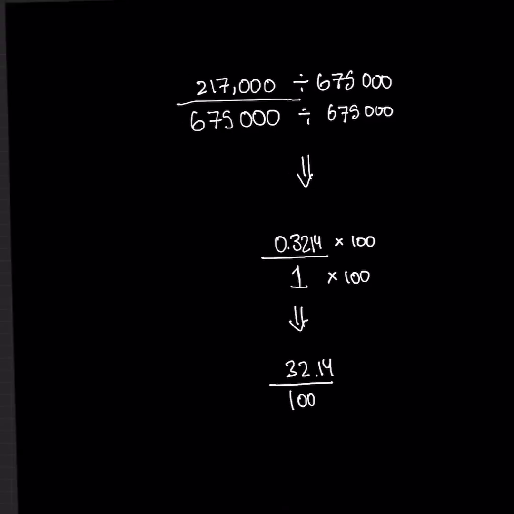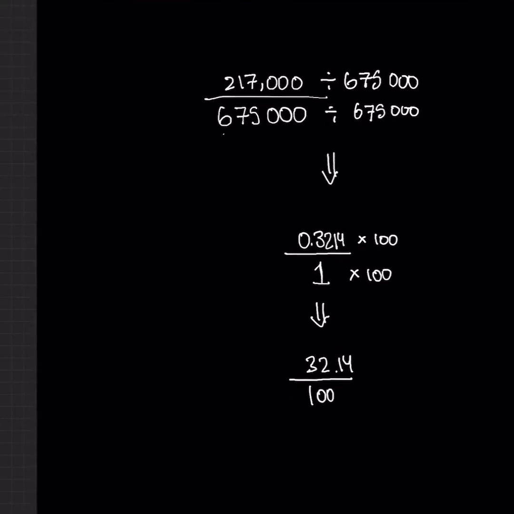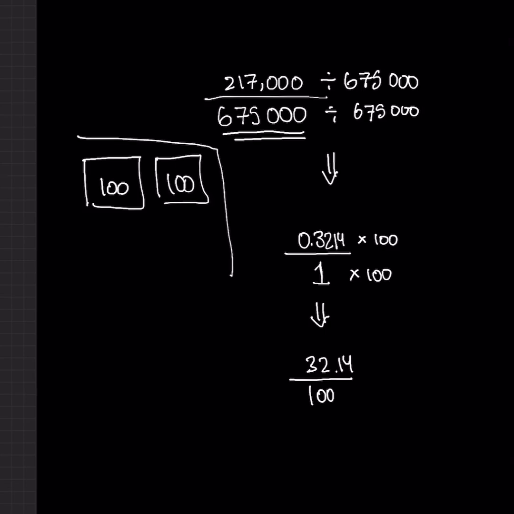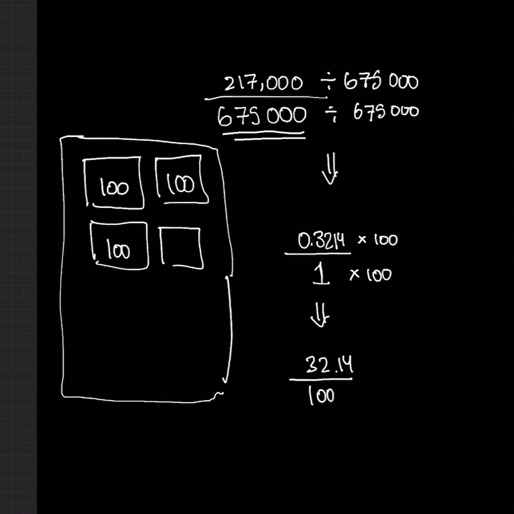And then what we end up getting is per $100, you gave away $32.14. One way to think about this is, imagine that you had your $675,000 all in a vault, and all the money was divided into 100s. Like this. Here's your vault, and all your money is divided into little baggies of 100.